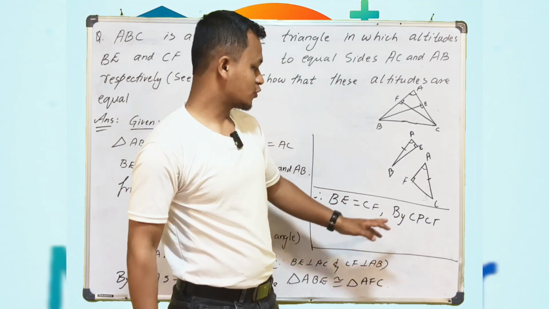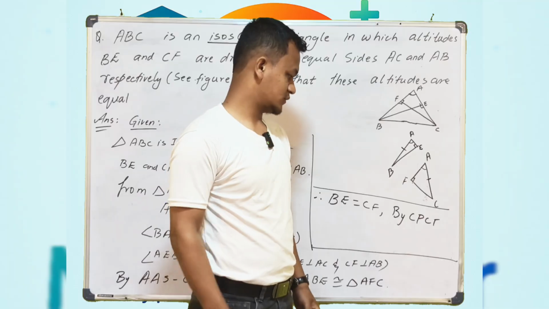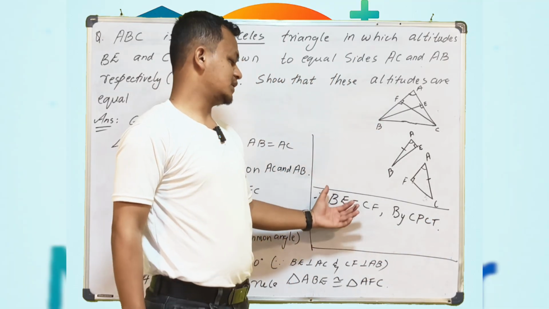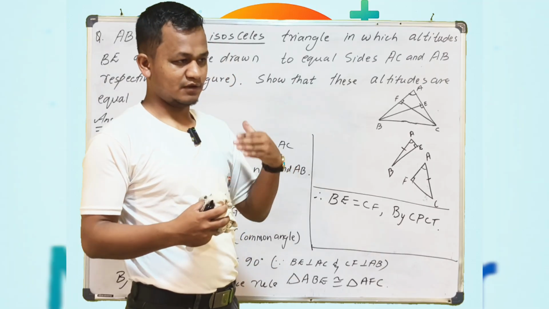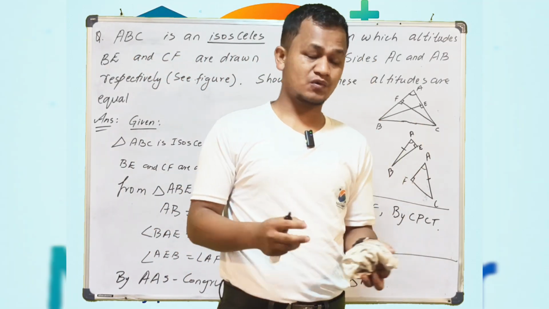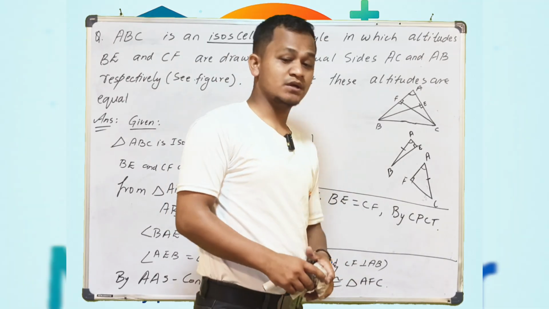CPCT means the corresponding parts of congruent triangles are equal. So that's how we prove that the two altitudes BE and CF are equal, by first proving that the triangles are congruent, and in the last line we conclude that BE is equal to CF.